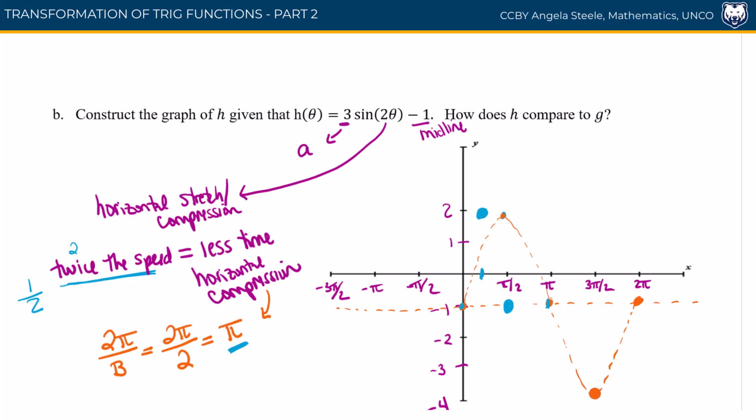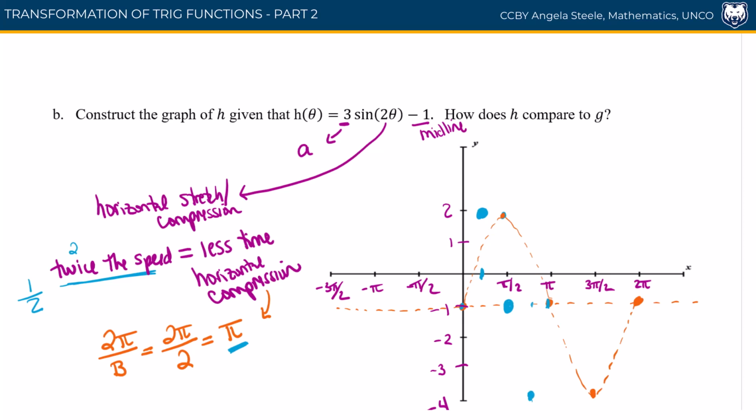For 3 pi over 2, we want half of that distance. Right now it's 3 tick marks away from our y-axis, and we want 1.5 of those. So that's going to be about right here, between tick marks 1 and 2. And that means that point is going to be down here.